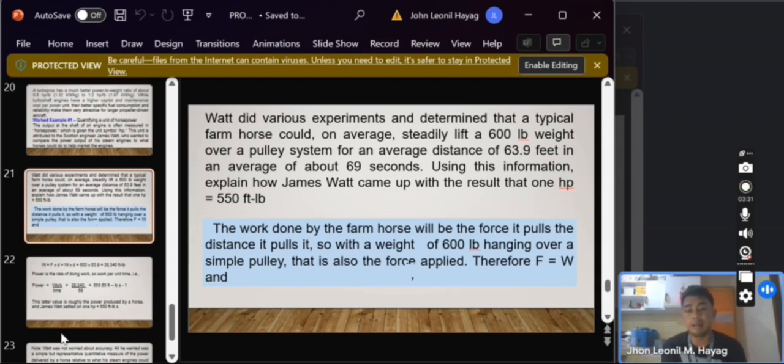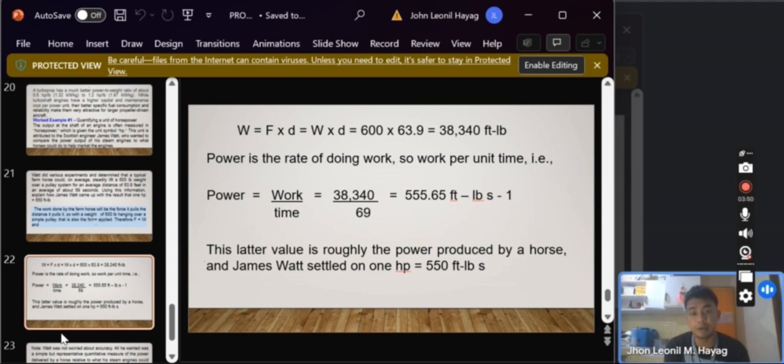The work done by the farm horse will be the force it pulls times the distance it pulls it. So with a weight of 600 pounds hanging over a simple pulley, that is also the force applied. Therefore, F equals W, and work equals F times d equals W times d equals 600 times 63.9 equals 38,340 foot-pounds.